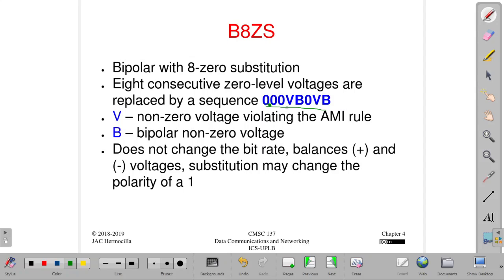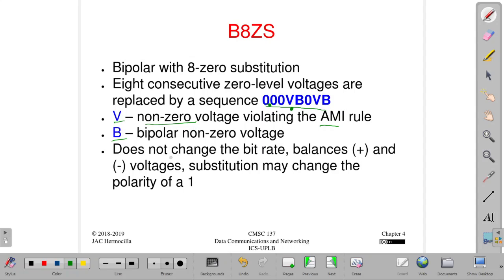Before those all zeros are transmitted to the wire, they will be converted into this pattern: 000VB0VB, where V is a non-zero voltage violating the alternate mark inversion rule, and B is a bipolar non-zero voltage, which is actually the opposite of V.